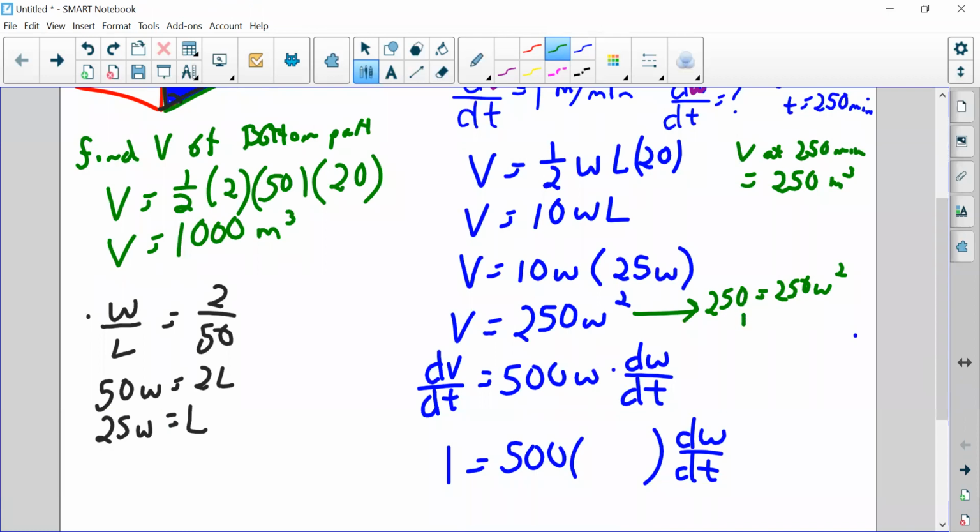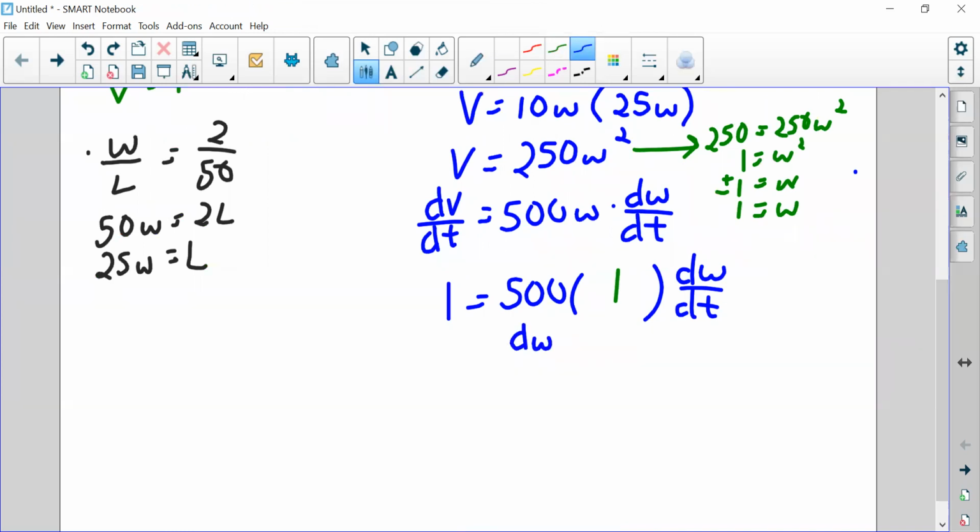And so that just gives us 1. And so W is equal to plus or minus 1, but in this situation, W is the height of the water, so which one of those makes sense? Positive. Can't have a negative. So that means that my W here is only 1 in this case. So I put in a 1 there at this instant in time.